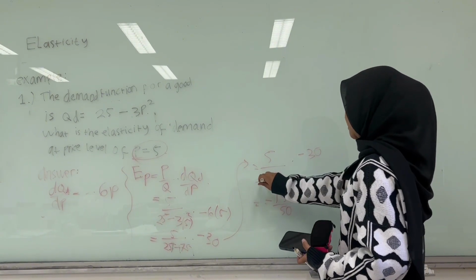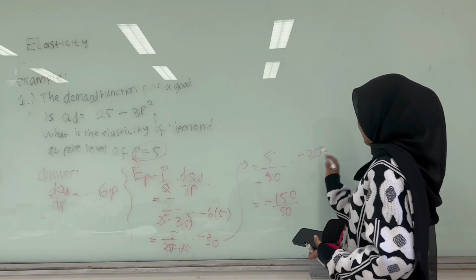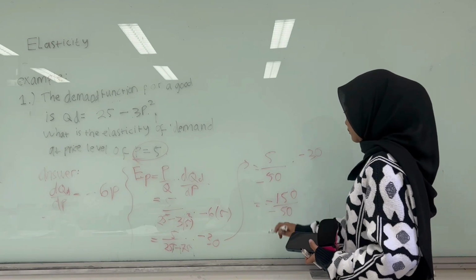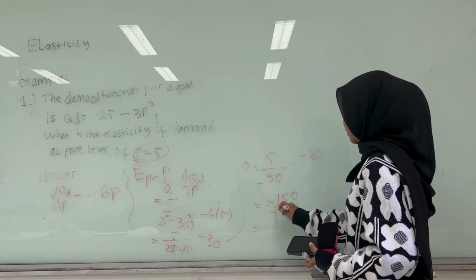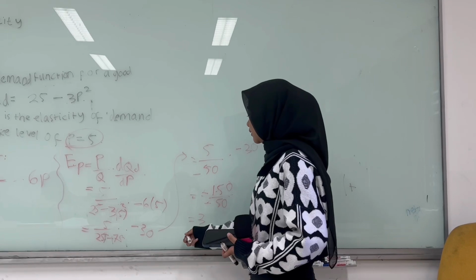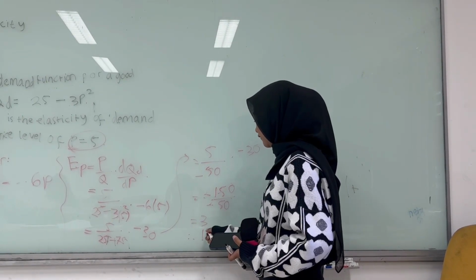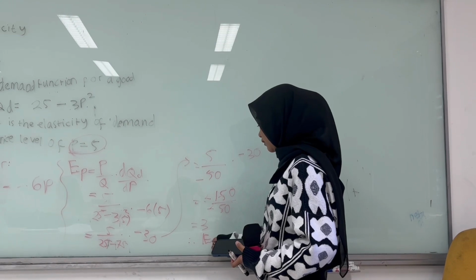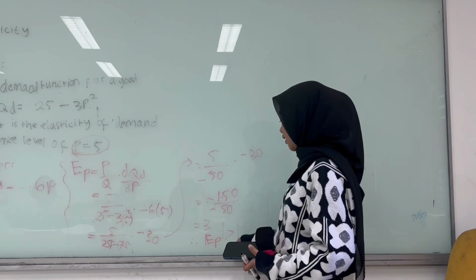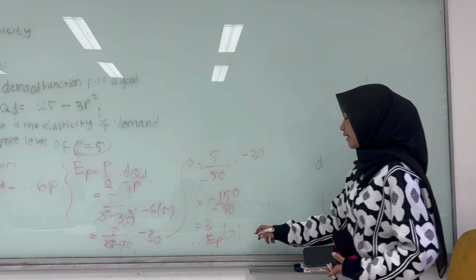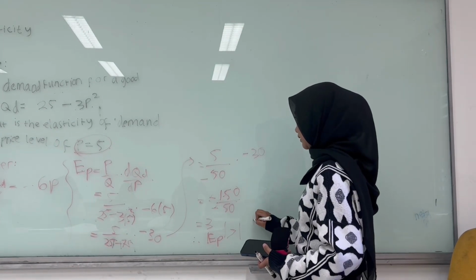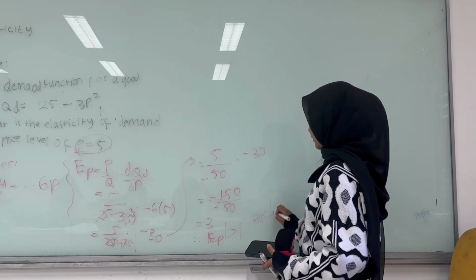I'm sorry, it's minus 3. So the answer is minus 3. The absolute value of E_P is more than 1, so it means this function is elastic.